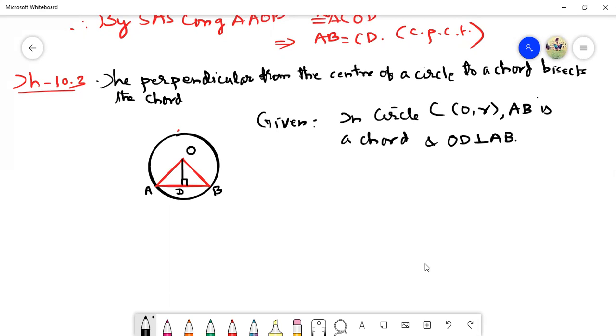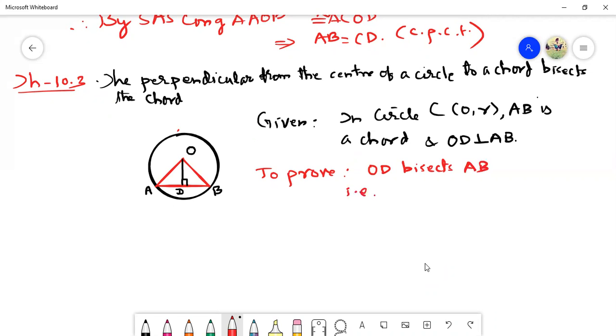This is given only, this is perpendicular. Now we have to prove that it bisects the chord. To prove that it bisects the chord means OD bisects AB.